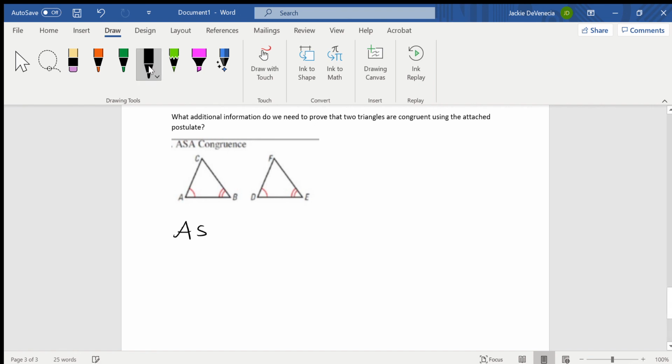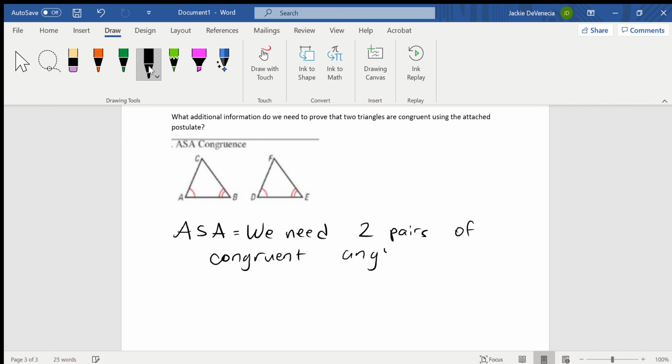For the angle side angle, we need two pairs of congruent angles with matching, or congruent, sides in between them, or in the middle.